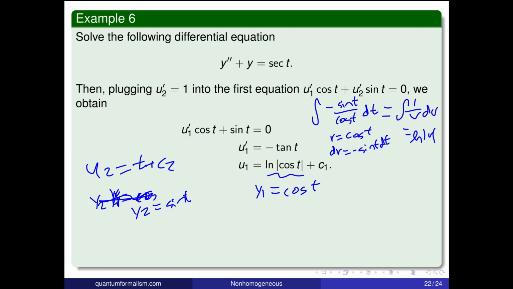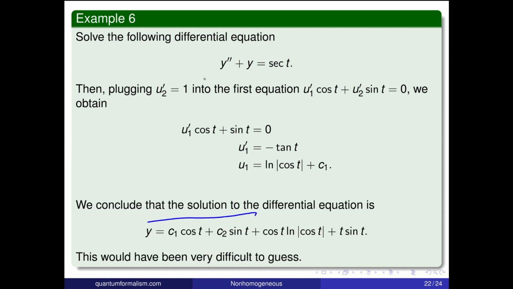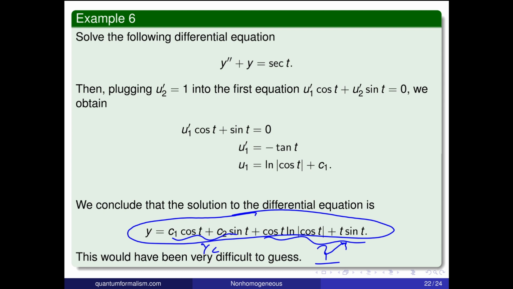All right, so we'll do t plus c2 times sine t, and this natural log of cosine t plus c1 times cosine t. All right, that'll give us this formula, c1 cosine t plus c2 sine t plus cosine t natural log absolute value of cosine t plus t sine t. And so this would be the complementary homogeneous solution, and this would be some kind of particular solution if you want.